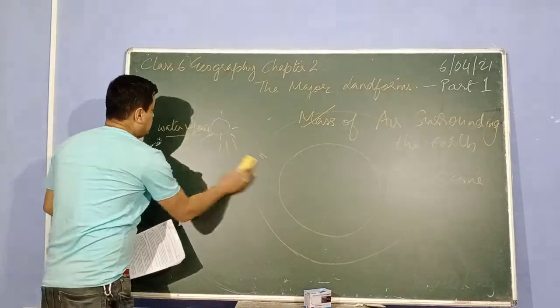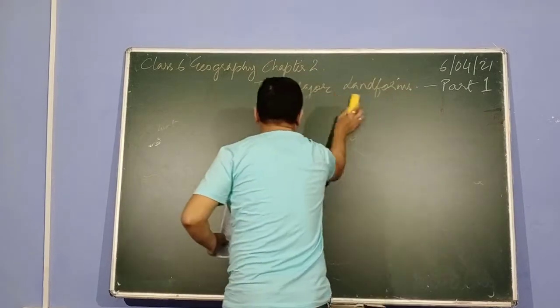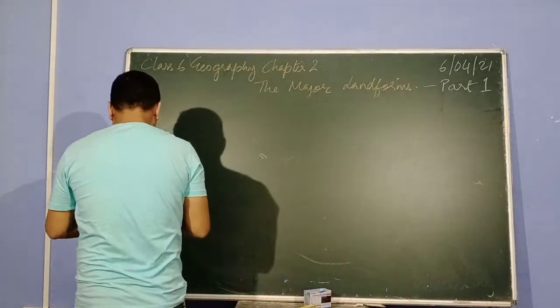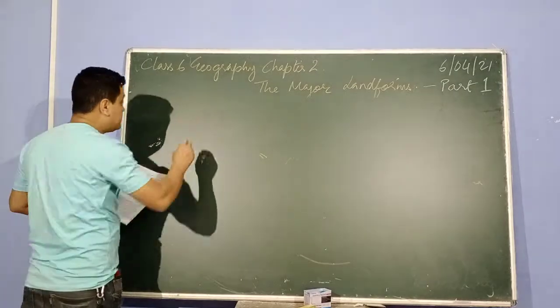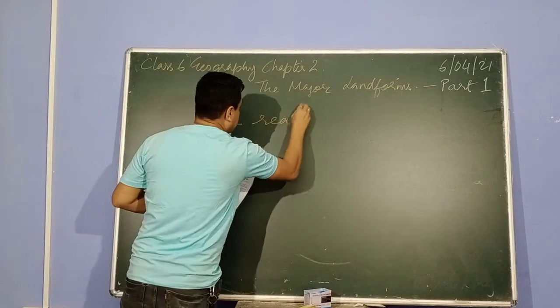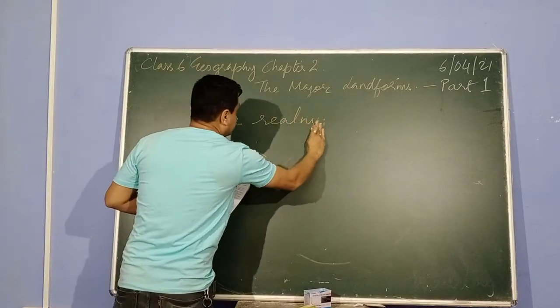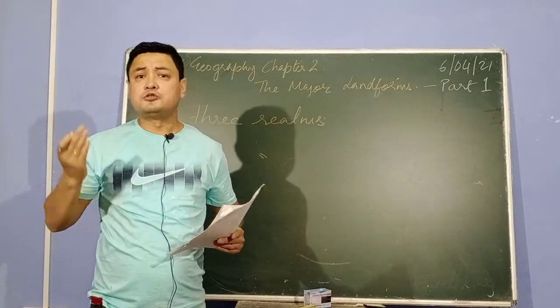So, I am writing on the board, okay? This is how the three realms. Realms means essential or very important things to life.